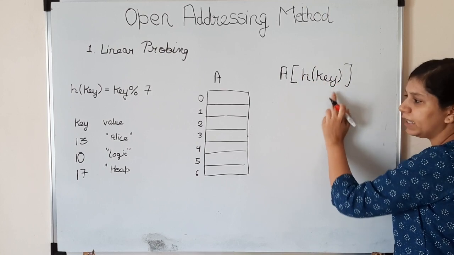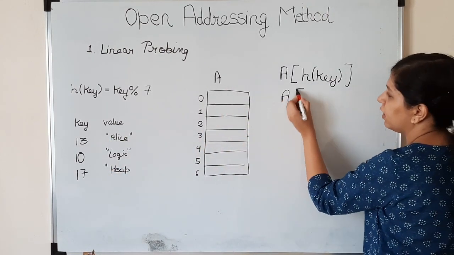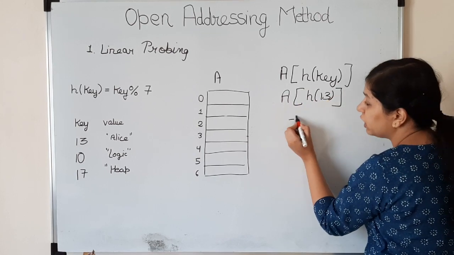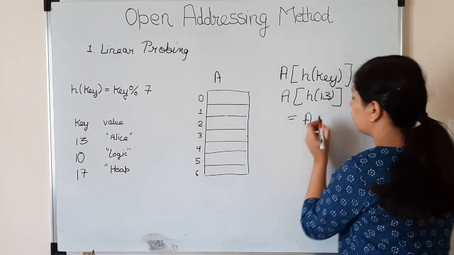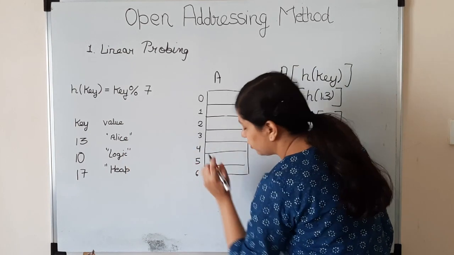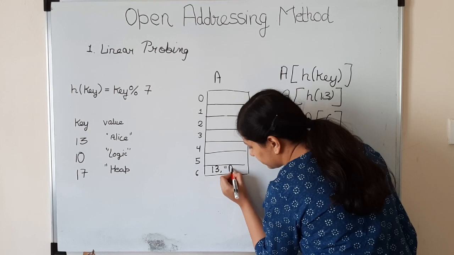How do you calculate H of key? Key is 13. So A of H of 13 is going to give you 13 modulo 7, which is 6. So at A6 you put this value, 13 ls.